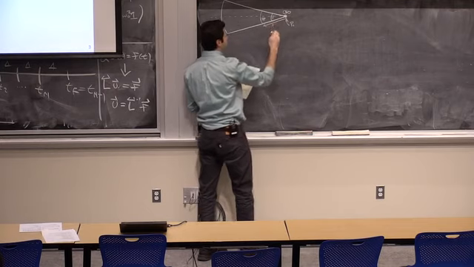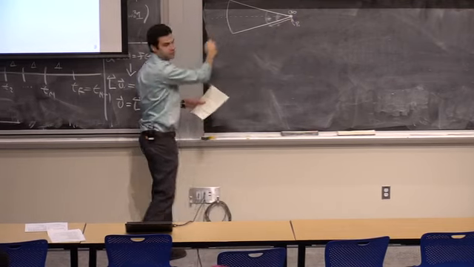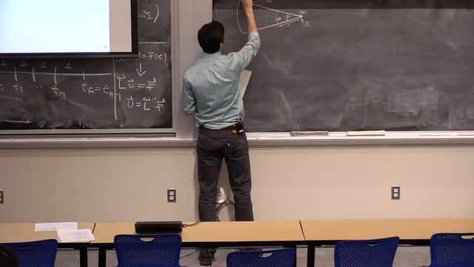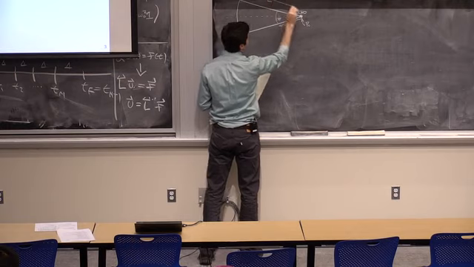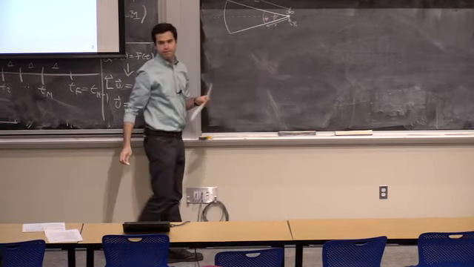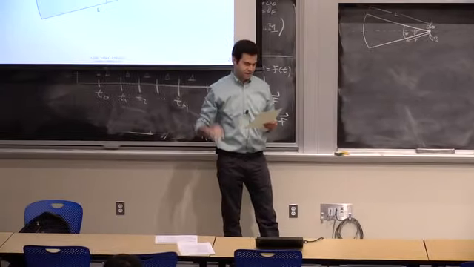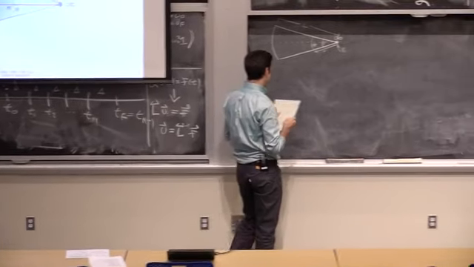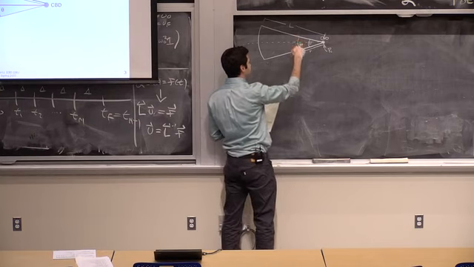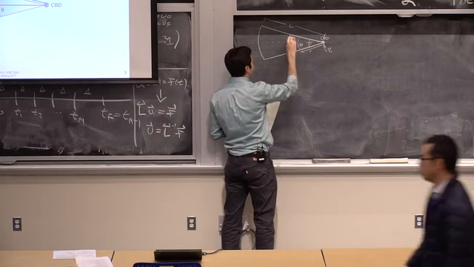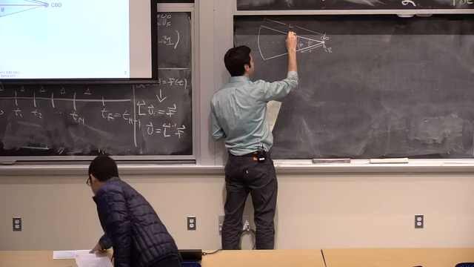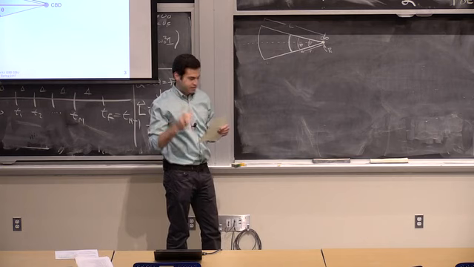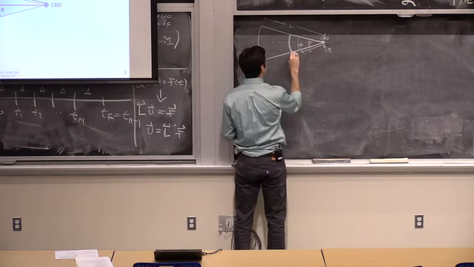So r is a variable, and it starts at 0, and it extends all the way up to the length of the corridor, which is L. L is the maximum value r can take. Does that make sense? Everybody following? Okay. And then we take little slices of these arcs, and they have an infinitesimally small width, dr.